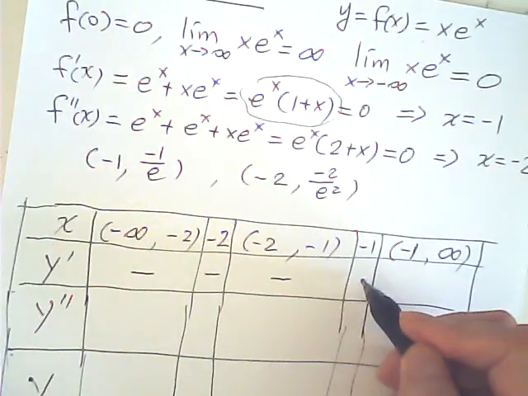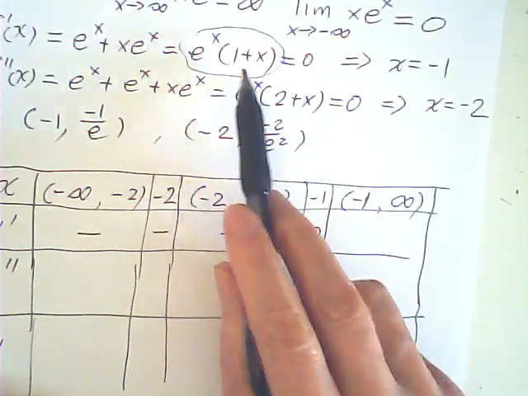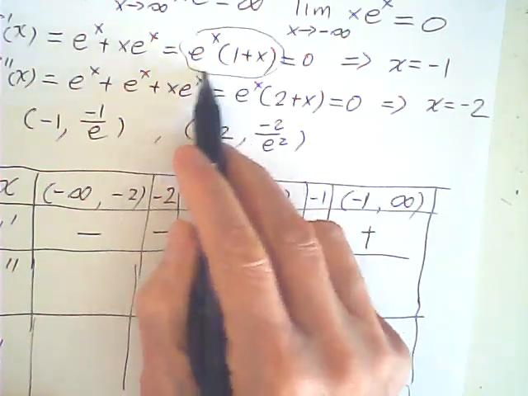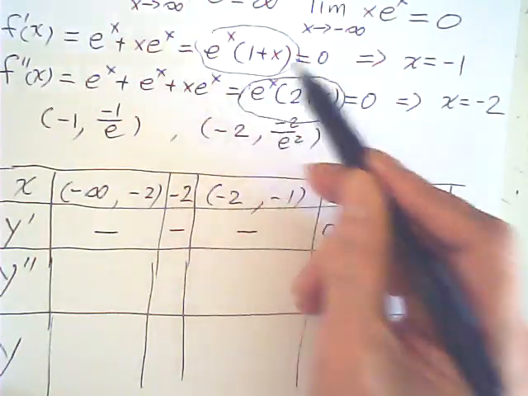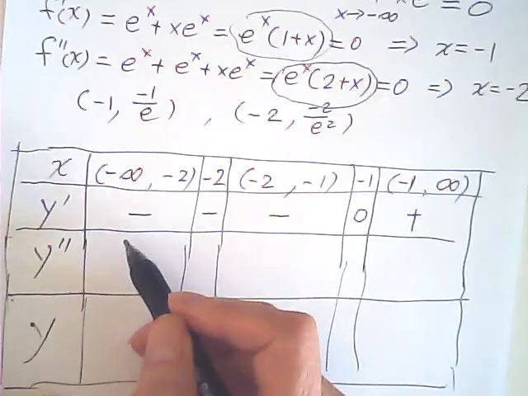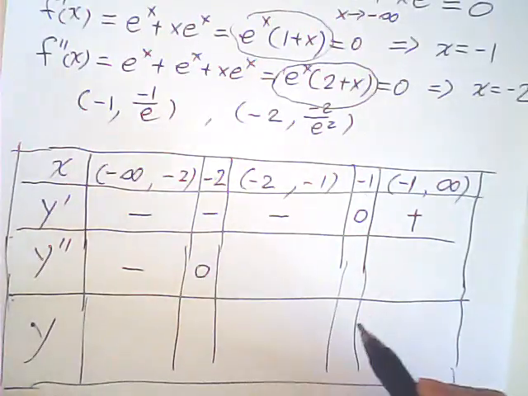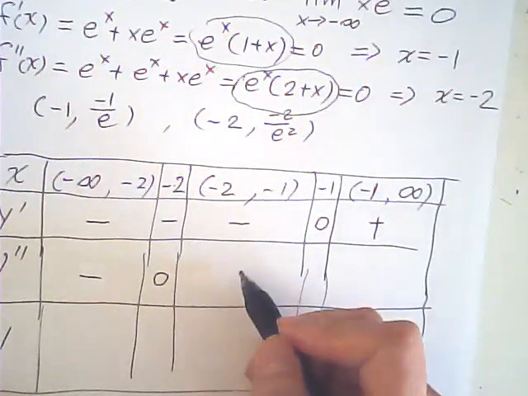At negative 1 it is 0. When x is greater than negative 1, it would be positive. Now the second derivative in this interval is negative. At this point it is 0. When x is greater than negative 2, it is positive.